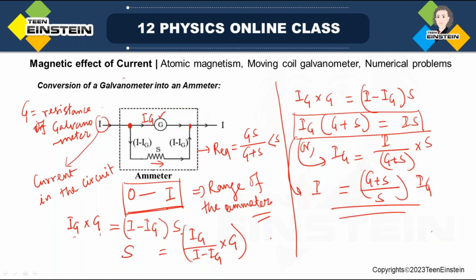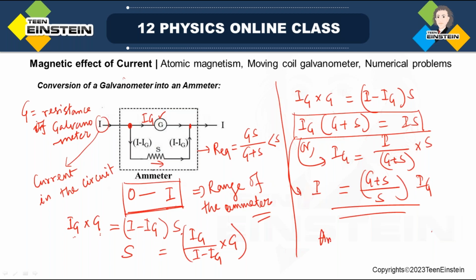Anyway, we have used it here to protect the galvanometer first of all, and second, to convert the galvanometer into an ammeter, etc. Now we'll move on to the other part, that is how to convert a galvanometer into a voltmeter.